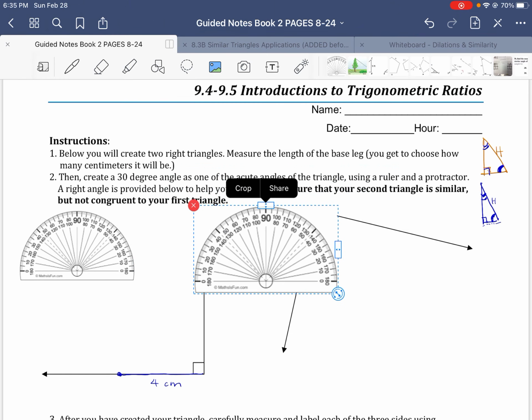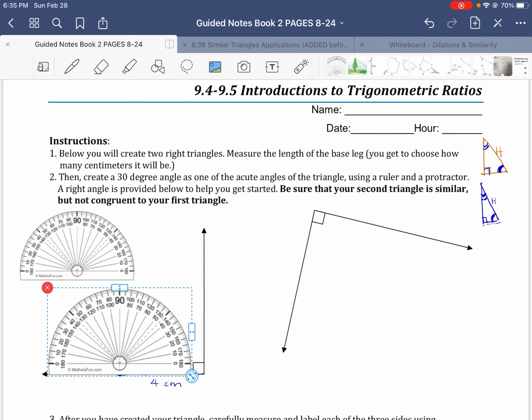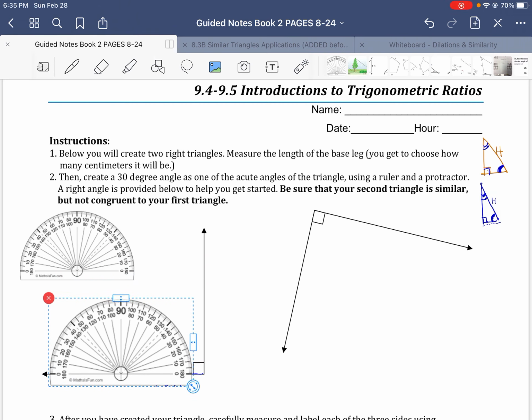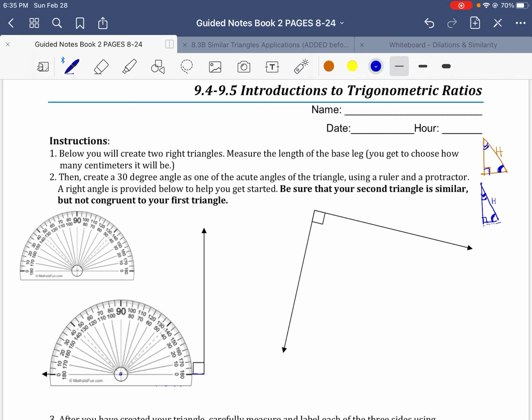So let's say I take this protractor, and if you put the center of the protractor, now you can't see it, but right on the dot, and I line up my protractor, then it allows me to take this, and this might be super weird over this image, I've never tried it, but let's say that's my dot right there, and this was my 4 centimeter side. Now I probably made it longer or shorter. But when I make a 30-degree angle, you'll notice here on the protractor, there's my 30 degrees.